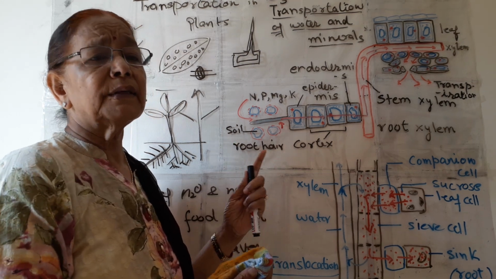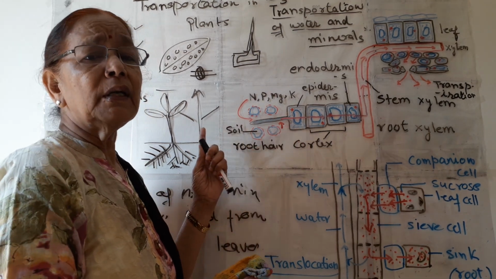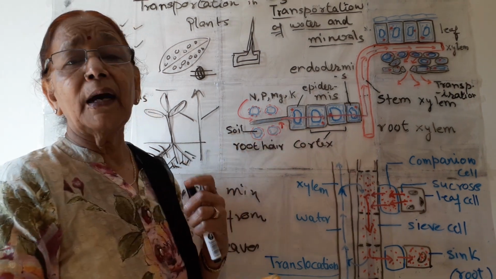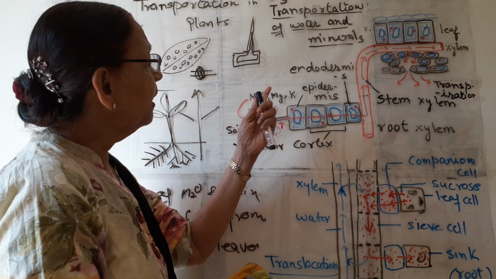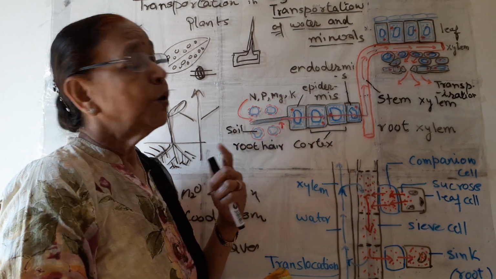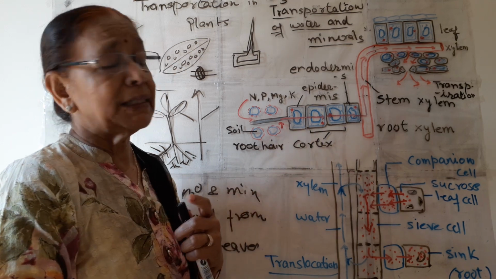So from higher concentration to lower concentration, by simple osmosis, water goes into the root hair. In this way, ions as well as water both come into this root hair and epidermal cell.